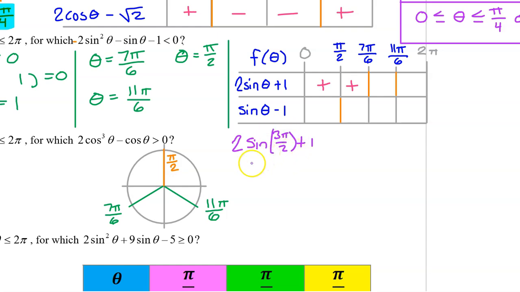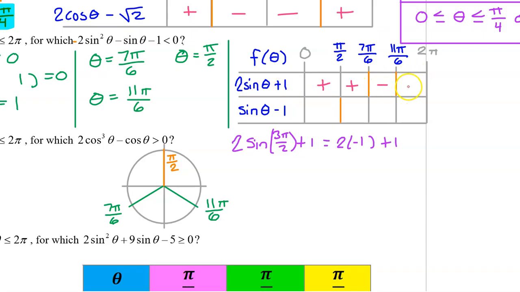Sine is the y value on the unit circle. So at 3 pi over 2, the y value is negative 1. So this is going to be 2 times negative 1 plus 1. Well, this is negative 2 plus 1, which is negative 1. That tells me that this factor is negative in this interval.